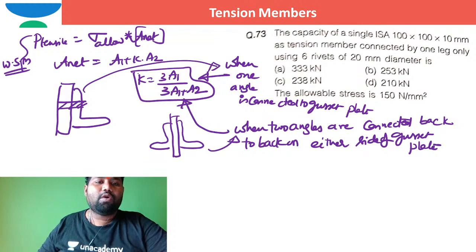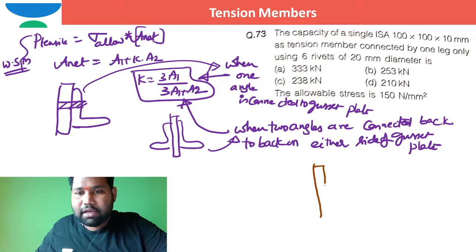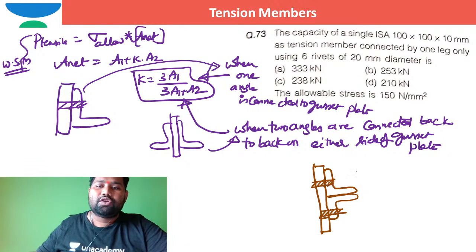Some people had a doubt and will come and ask me, sir, let us suppose there are two angles only. If this is a gusset plate, when the two angles are connected to the gusset plate on the same side of the gusset plate, in this way. So what is this one?